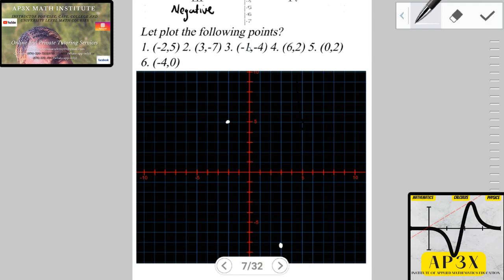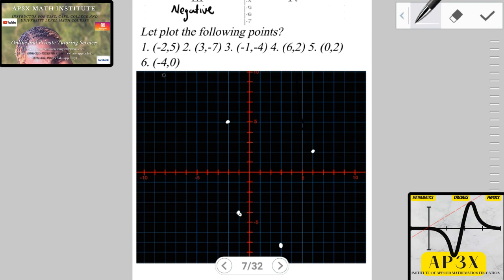Oh, pardon me. It's -1 here and negative 4 down here. Mistakes can be made, guys, but let's just catch on to ourselves. That falls in here, our third quadrant. And here, 6, 2: that is 6 over here, and 2 up, that's 1, 2. This is falling in quadrant number 1.